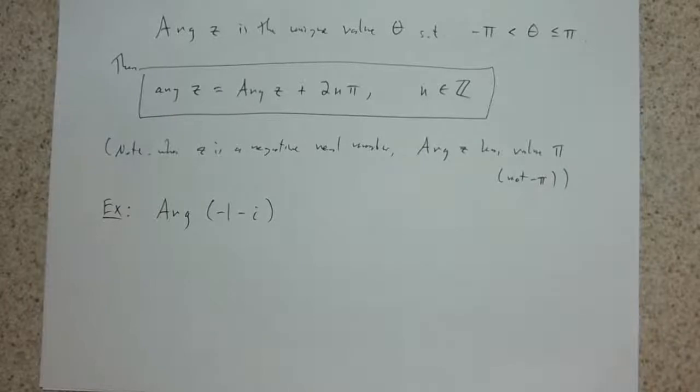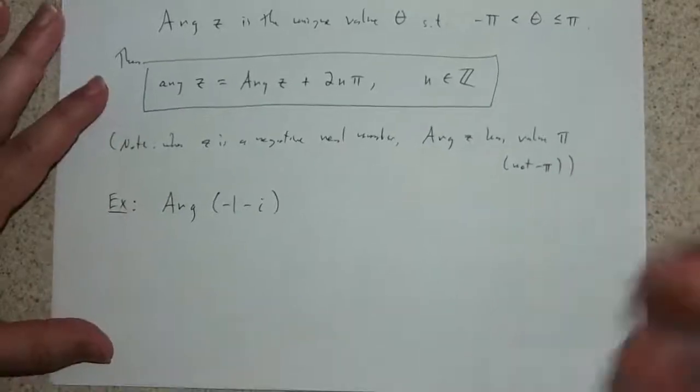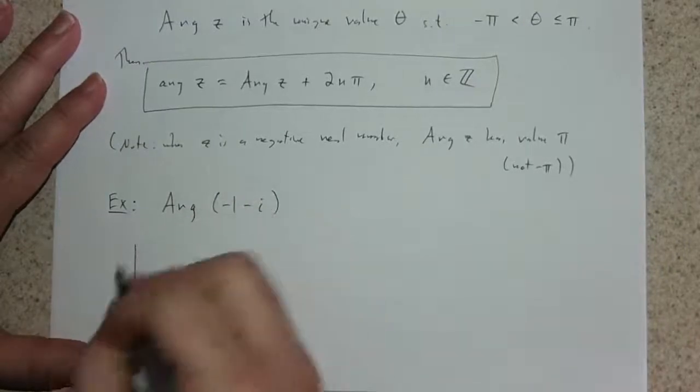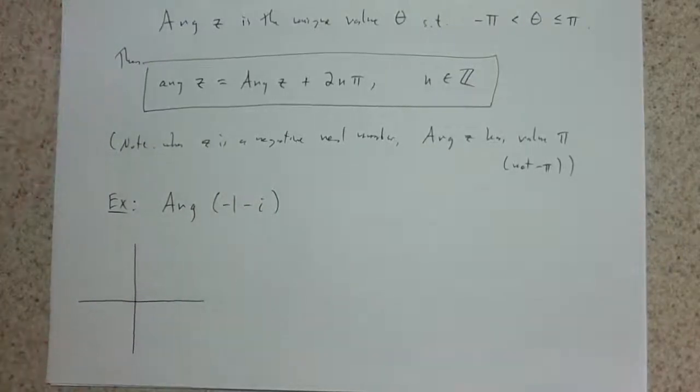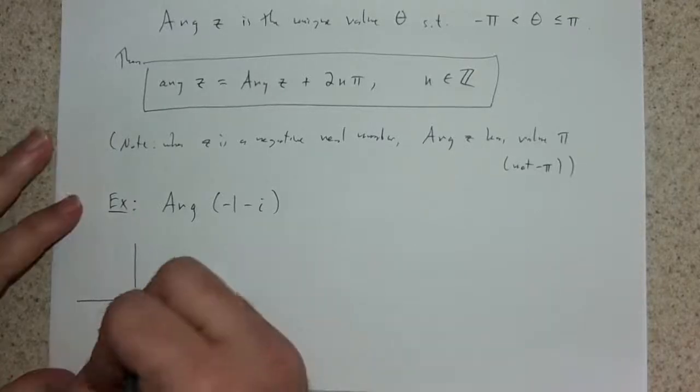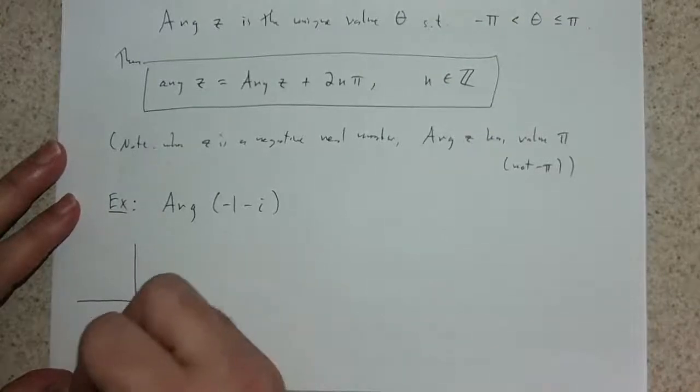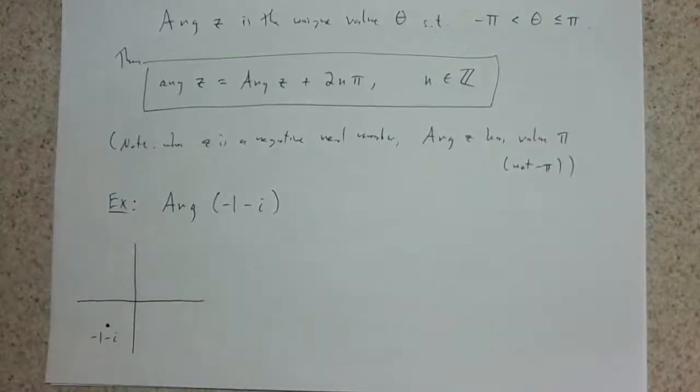What is this? Well, let's think for a second. Minus 1 minus i, where is that in my plane? Minus 1 minus i is here. That's in the third quadrant.